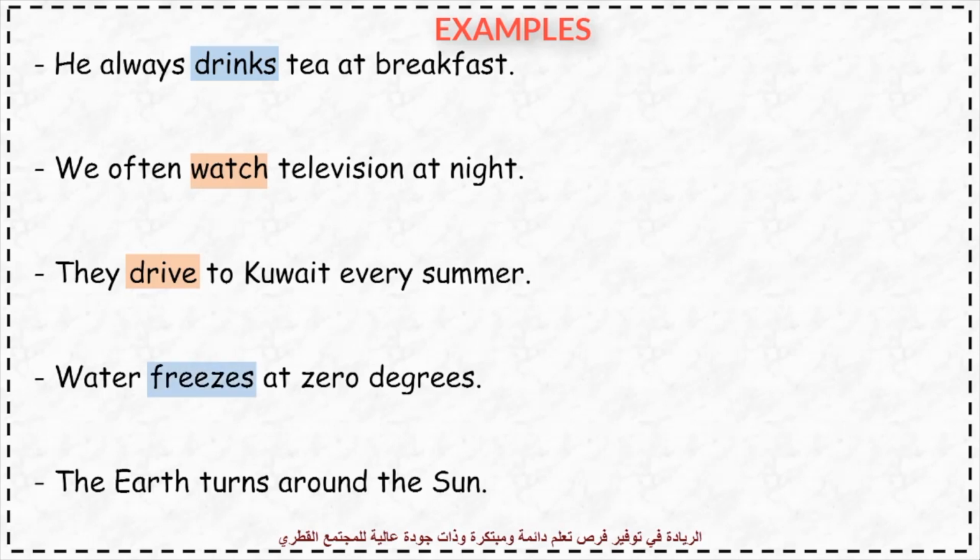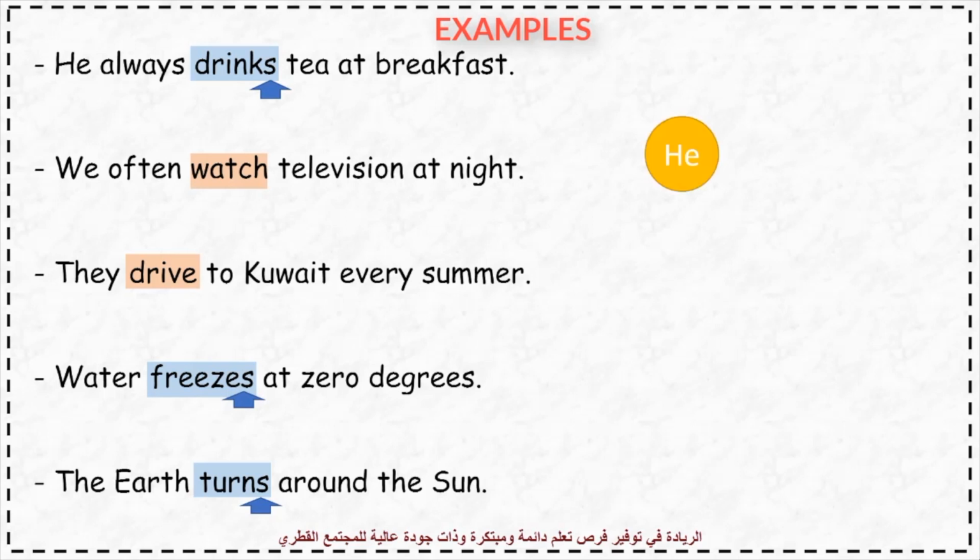Then freezes. Then turns. What have you noticed, guys? Well, I myself have noticed that we've used the base form to form these sentences. And there are some verbs with s or es in the end. And that's what we call the he, she, it rule.